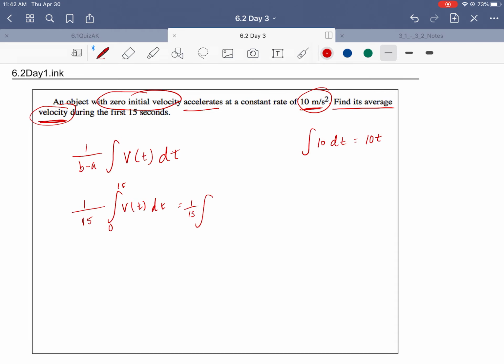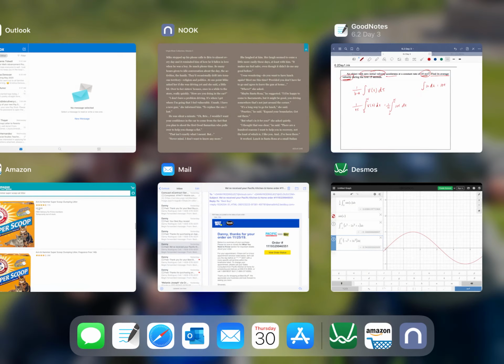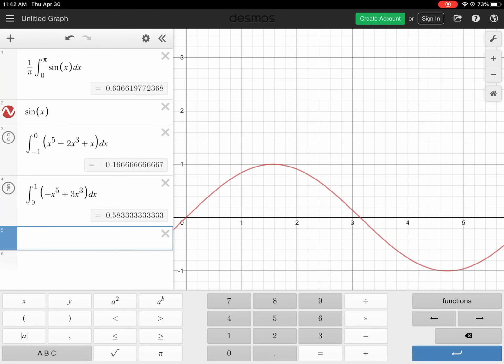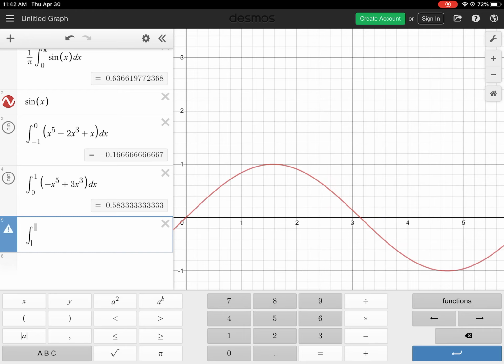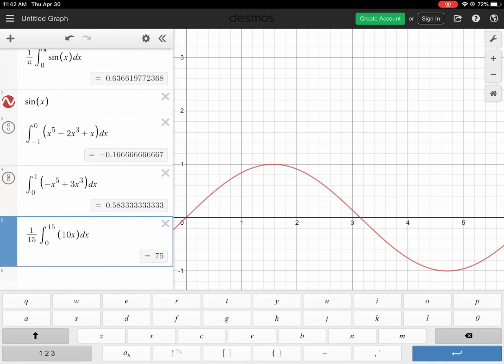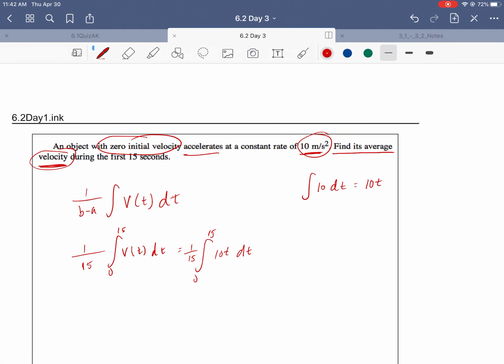So then we do 1/15, 0 to 15, 10t dt. And you get 75. And that would be meters per second for velocity.